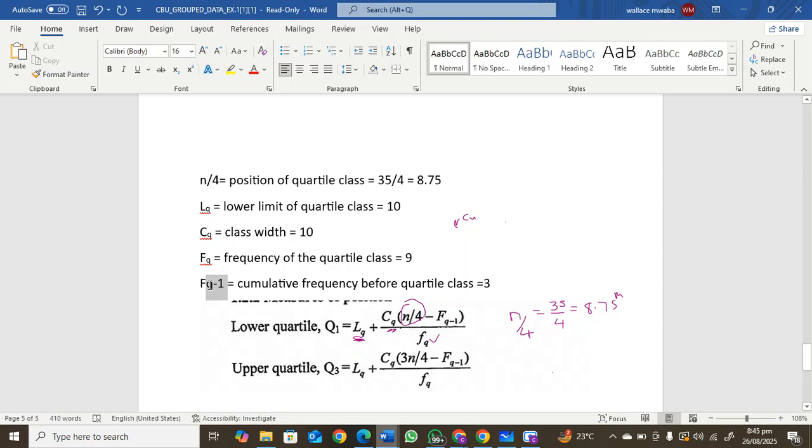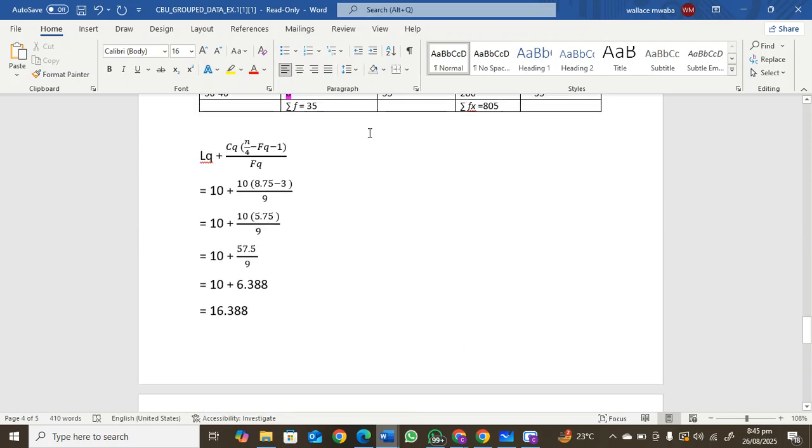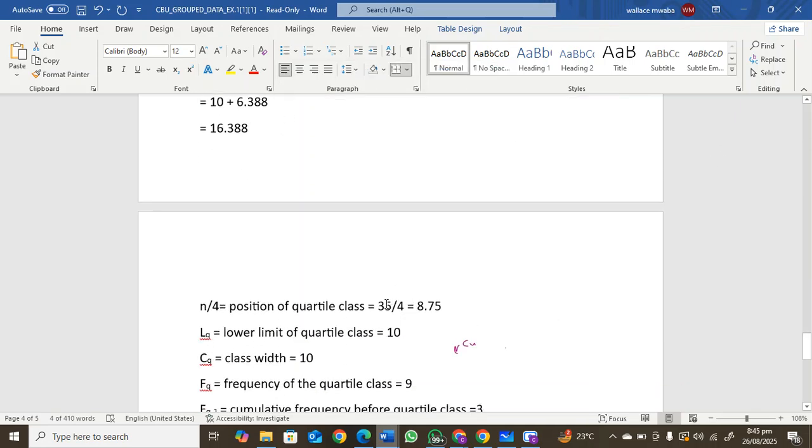The first thing you need to do is find the position of the lower quartile class. That's why there's this n over 4 here. Just remember, it's the same way we calculate the median for grouped data. n represents the total frequency, which in our table was 35. So 35 divided by 4 gives 8.75, the position of our lower quartile class.